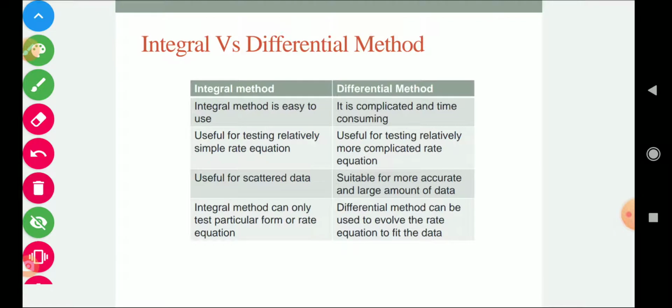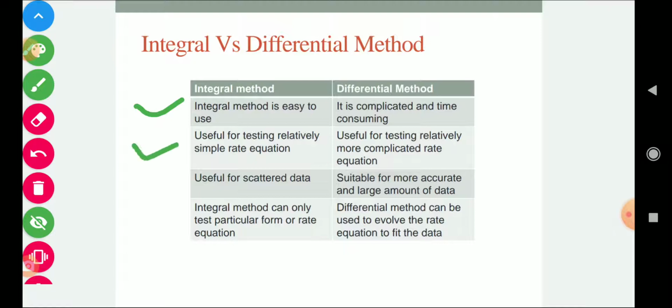Then you have to assume rate expression, then you have to plot that expression and find out the order of reactions. On the other hand, in integral method you simply assume order of reactions and then integrate and plot that equation. That is simpler than differential method. So this integral method is easier to use as compared to differential method.